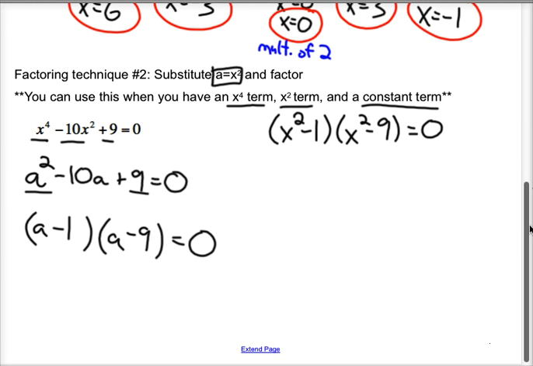So here I've made that substitution twice: going from x's to a's, then taking those a's and turning them back into x squareds. Notice how that let us make a quartic factorable. By making that simple substitution, it turned it into a quadratic we knew how to factor, and now we just have to put those x squareds back in.